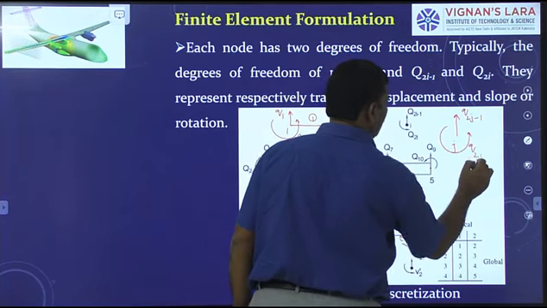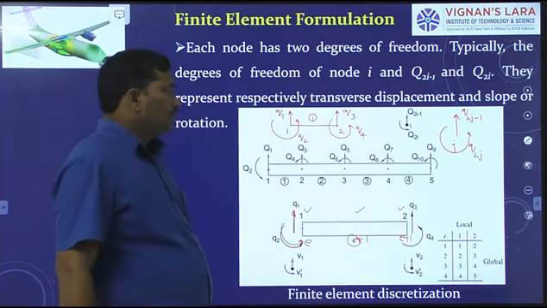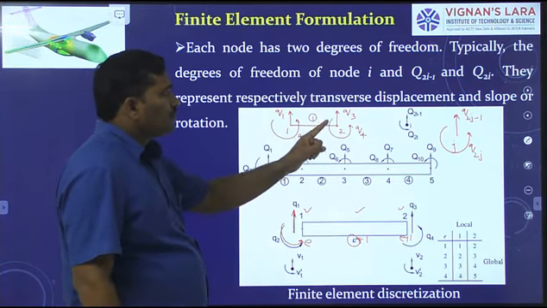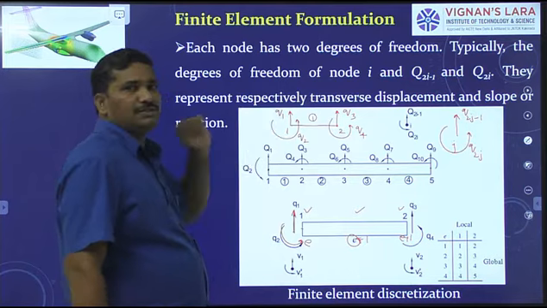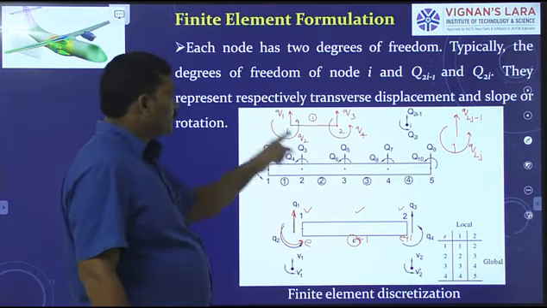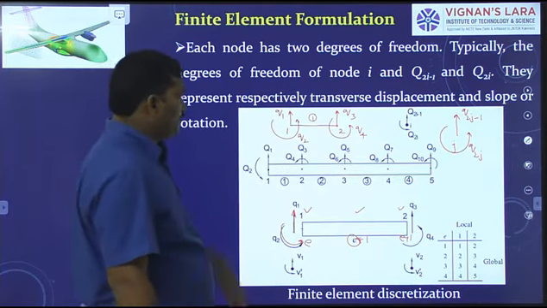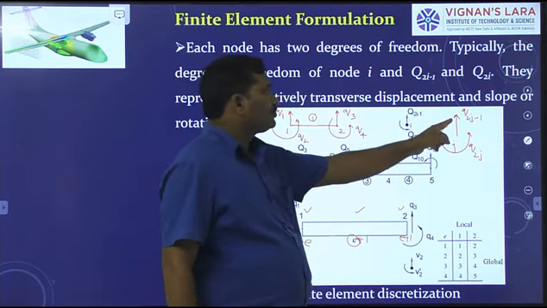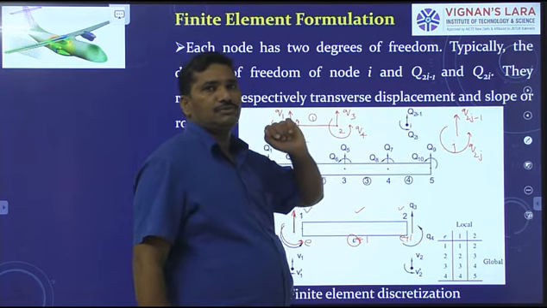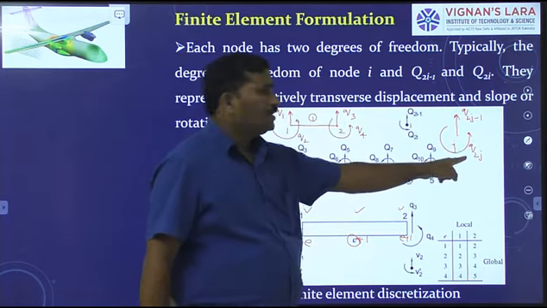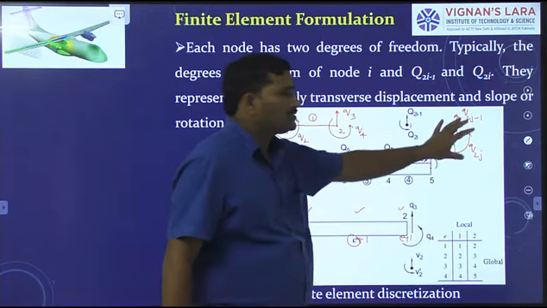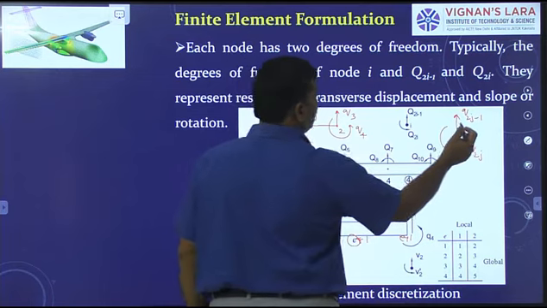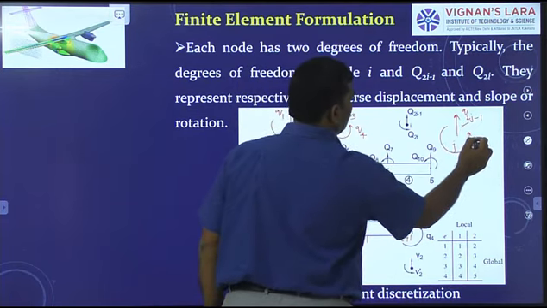This convention I follow. When J equals 1, that is for the first node, Q2J minus 1 gives Q1 and Q2J gives Q2. When J equals 2, that is the second node, then Q2 into 2 minus 1 gives Q3, and Q4 you get like this. This convention I follow to denote both degrees of freedom. What do they represent? Beam deflection and slope or rotation.